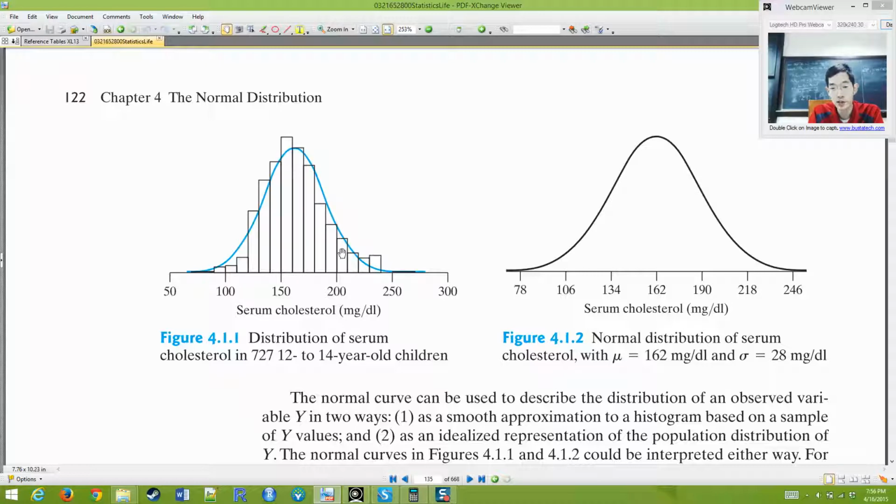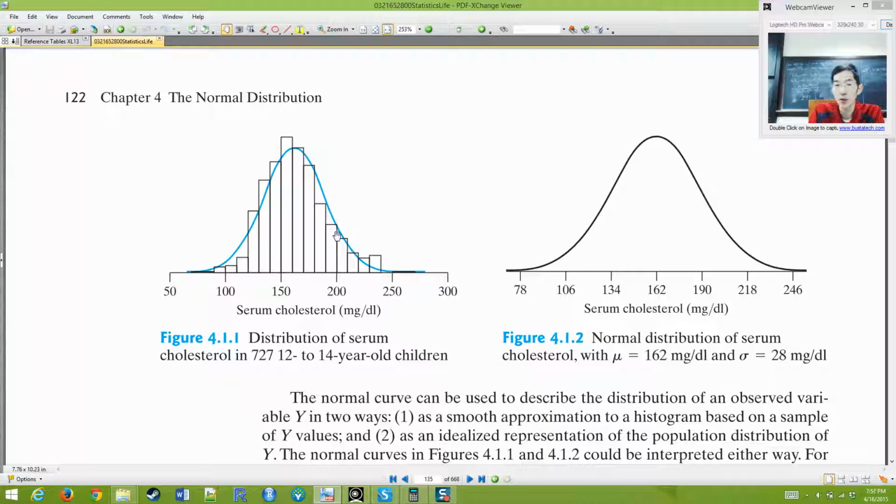And cholesterol levels that are much higher than that, 220, 240-ish, these are less common, but they exist. And if you go in about that much in the opposite direction, down to 100 or 90, whatever it is, they're also less common. And everything in between is somewhere in between as well.